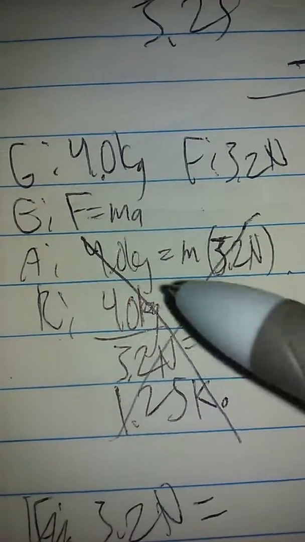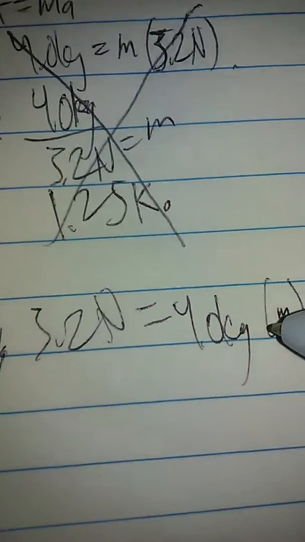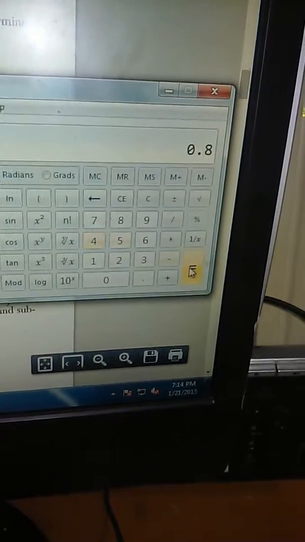Now I'm filling in the equation. 3.2 newtons equals the mass, 4.0 kg, times a. Force equals mass times acceleration, so we want acceleration on its own. 3.2 divided by 4 equals 0.8. That's the acceleration: 0.8 meters per second squared.